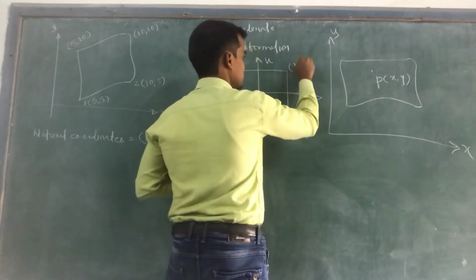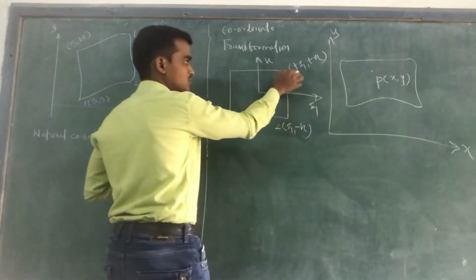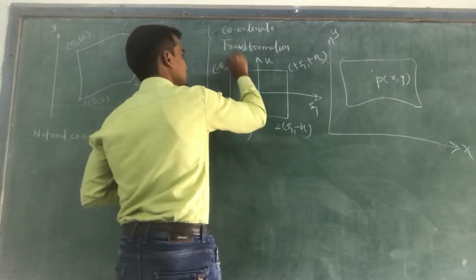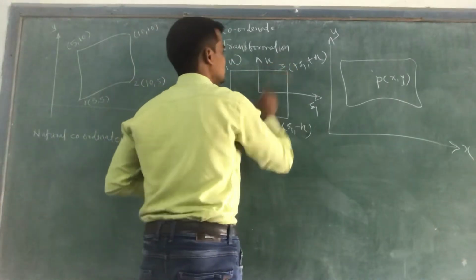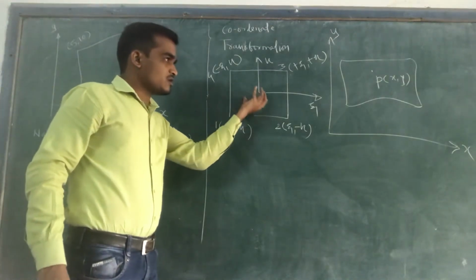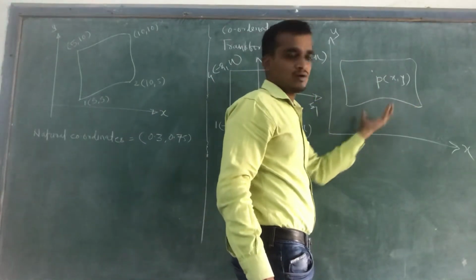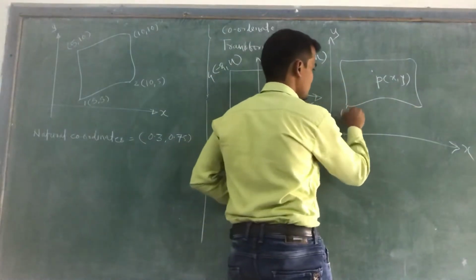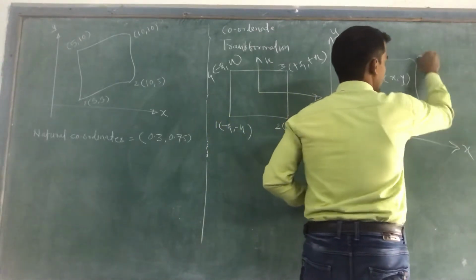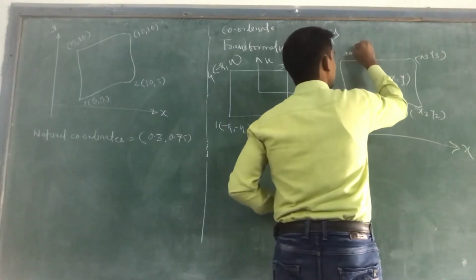This one will have plus zeta, plus eta, because in the first quadrant both are positive, and the second quadrant has minus zeta, plus eta. This is your fourth and this is your third. We need to transform this parent element in natural coordinates to the quadrilateral element in global coordinates, which will have x1 y1, x2 y2, x3 y3 and x4 y4.